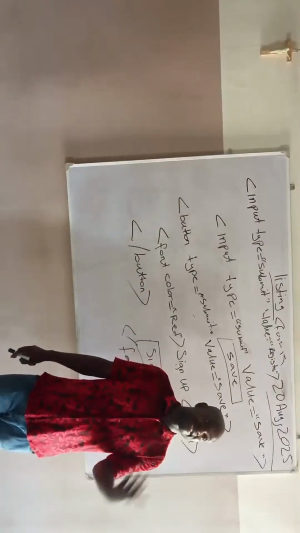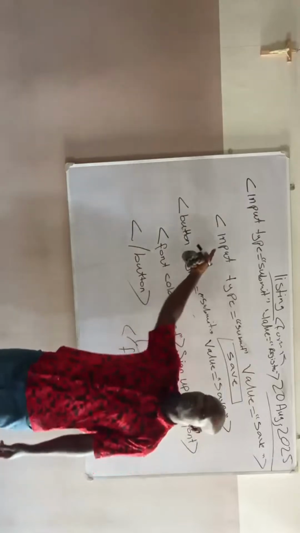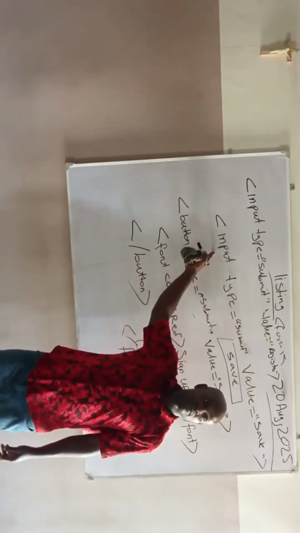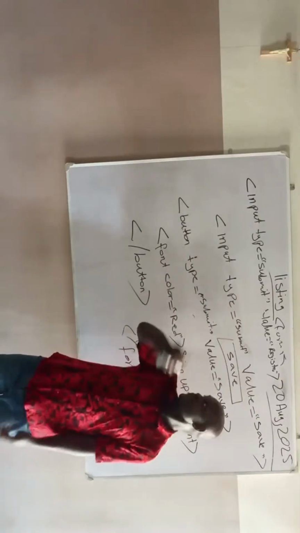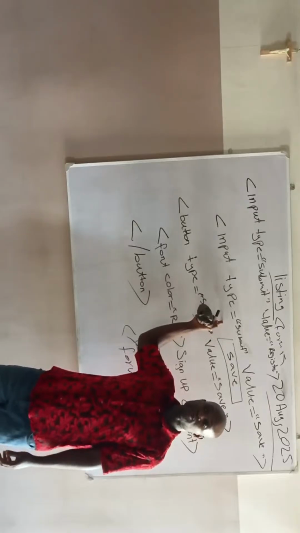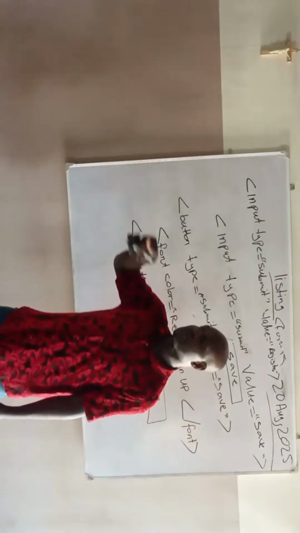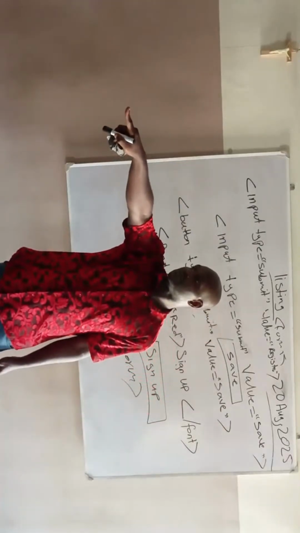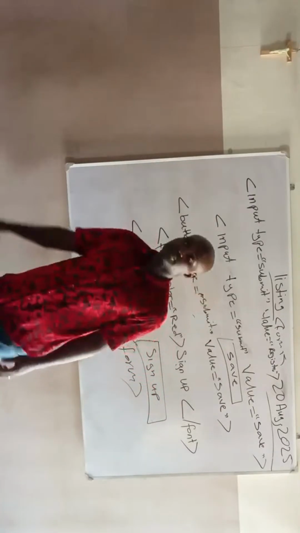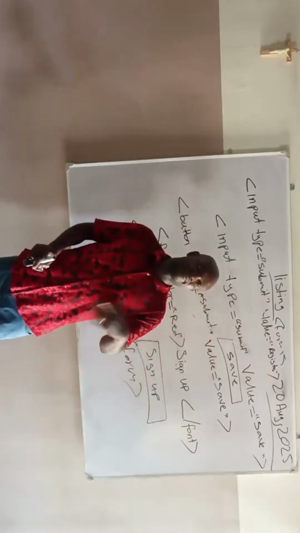Apart from select and textarea, any other thing you are seeing inside your form is written with what? Input. The appearance is because of the type. And in my definition, I said the type determines what? The display and the behavior.